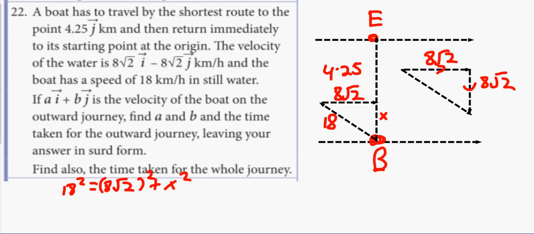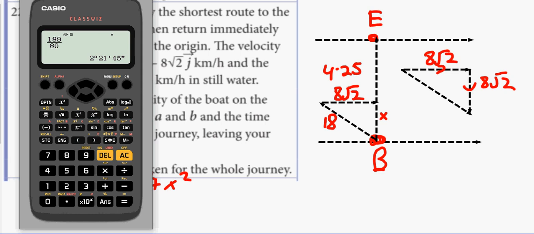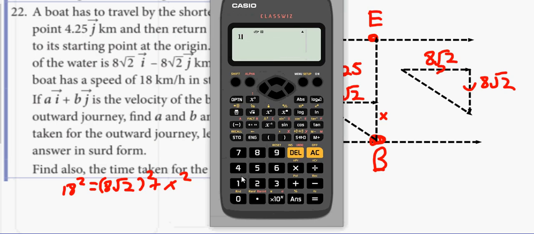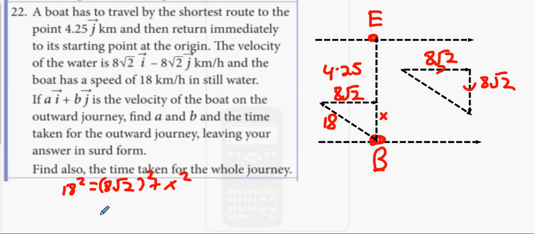And then you can just solve out what x squared is. 18 squared is 8 root 2 squared. 196, square root of 196, probably 14. Everybody happy with 14? So what's your answer?